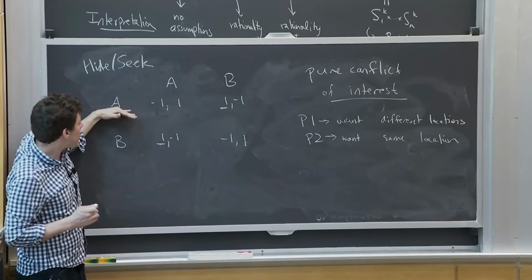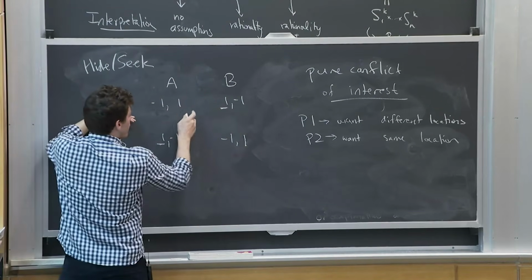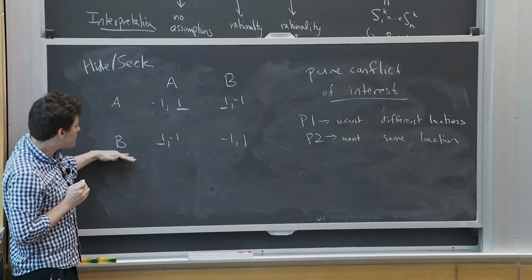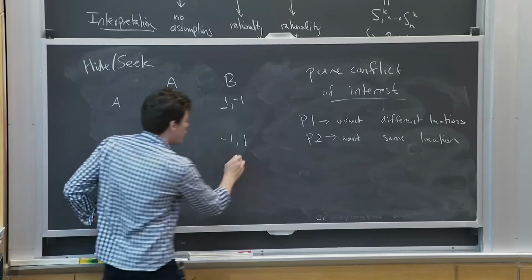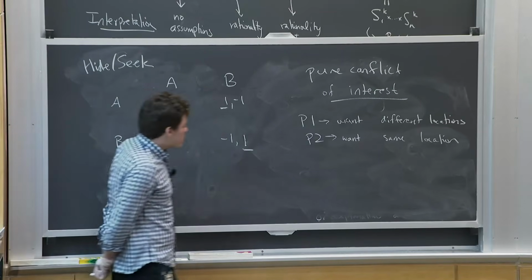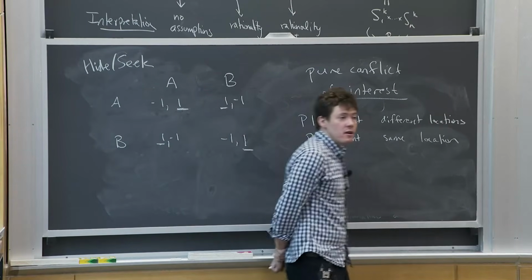If player 1 plays A, then player 2 does better if they also go A, because they want to find the person. And if player 1 goes B, then player 2 wants to go B.